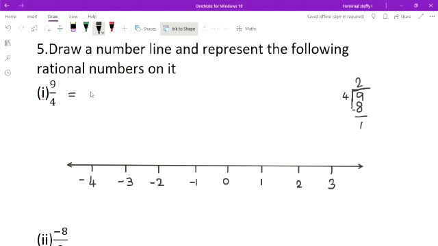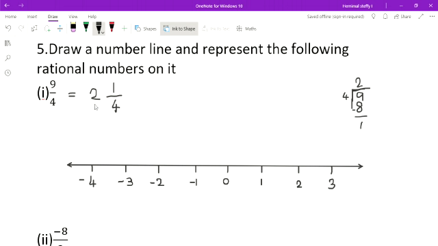Which one is the whole number? Yes, the quotient is called the whole number. So 2 is the whole number. Then the denominator is the same denominator, 4. Then the numerator is equal to the remainder. Remainder is called the numerator. Then 2 1 by 4.